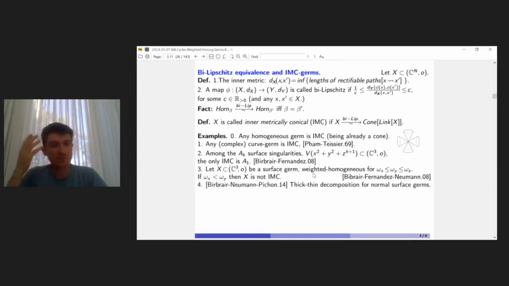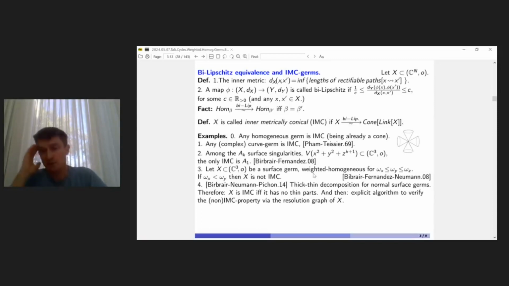Then some culmination was the thin-thick decomposition for normal surface germs. These three authors did much more, of course. In particular, one little corollary was that a normal surface germ is inner metrically conical if and only if it has no thin parts.